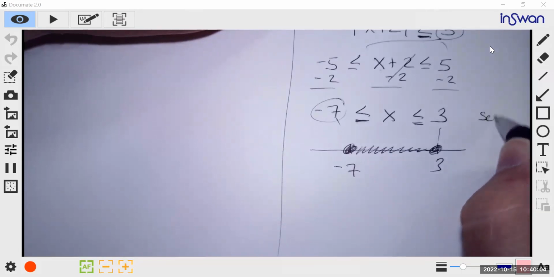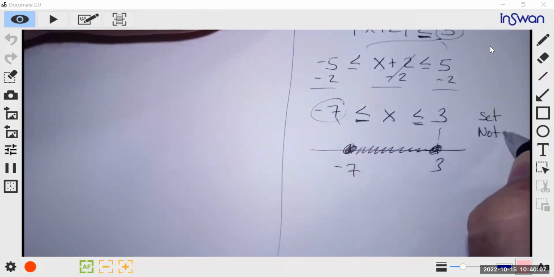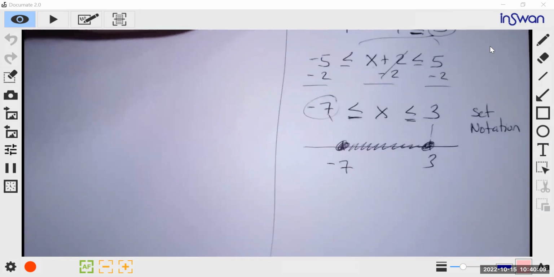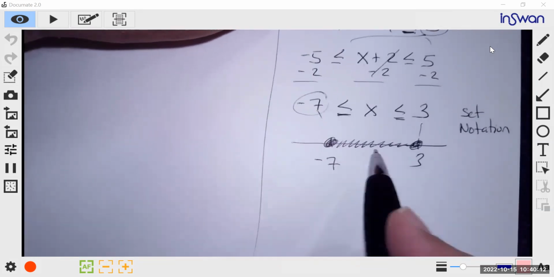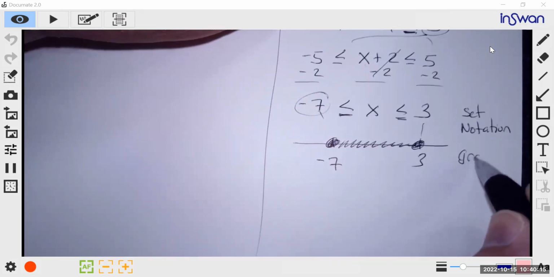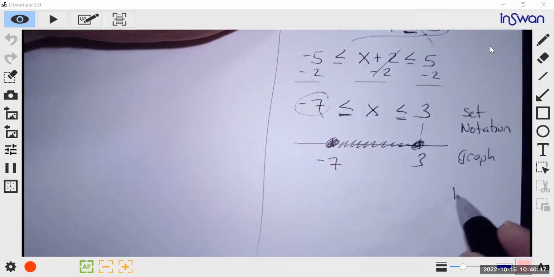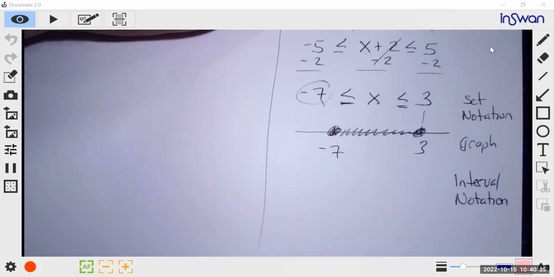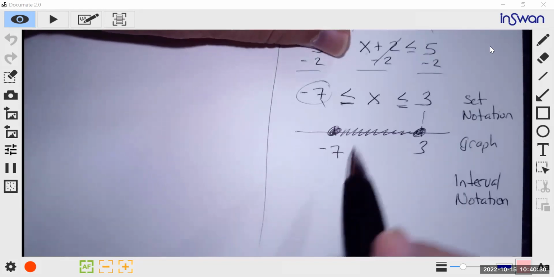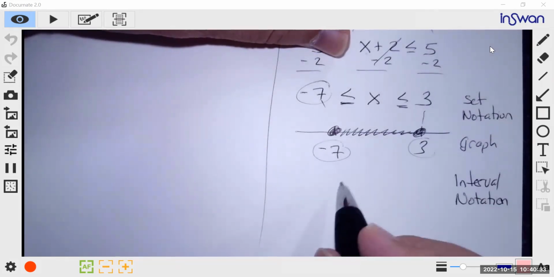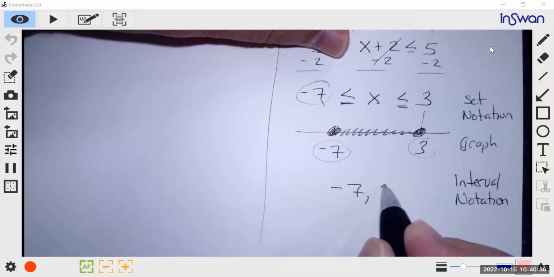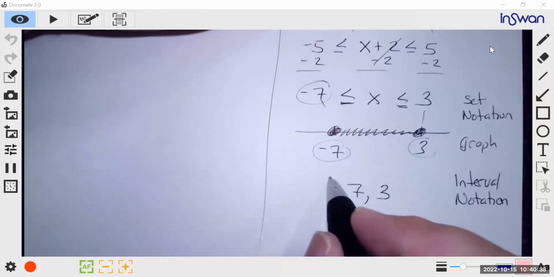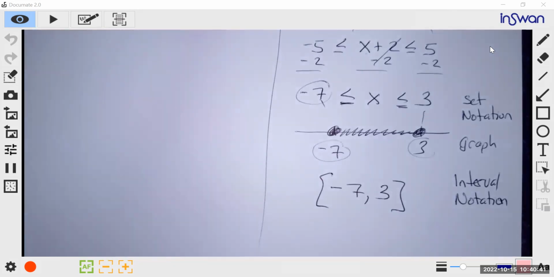This is set notation. We talked about that 2 weeks ago. That's graphing. And the other one is interval notation. For interval notation, you simply take the endpoints, and since they're both closed, they're brackets. That's the interval notation.